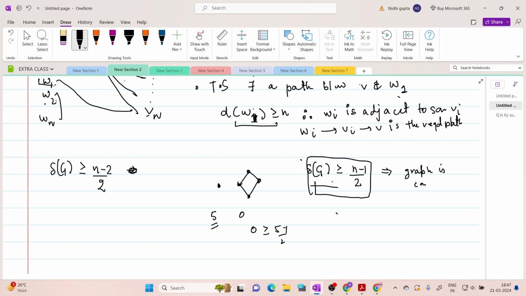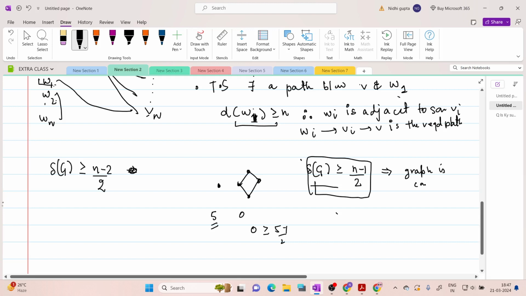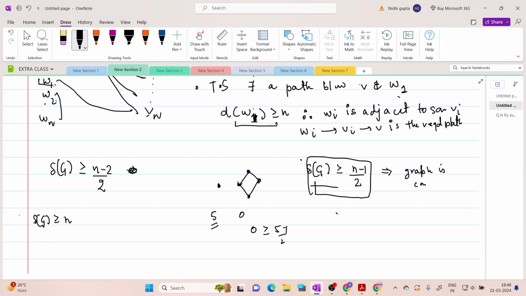Okay. And the second part was saying that what if del g is greater than or equal to n minus 2 by 2, then can we always say that the graph is connected? No. If this condition is true, then we have this example: either we can take n equal to 2, or this example, n equal to 4.